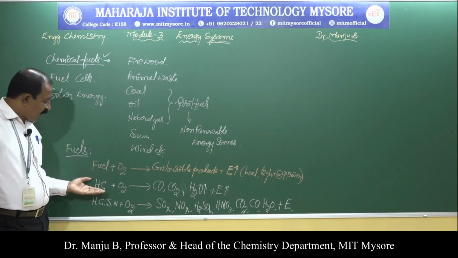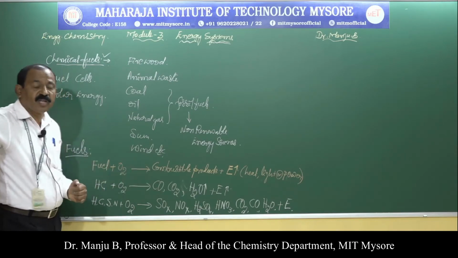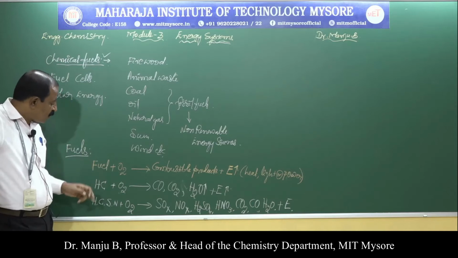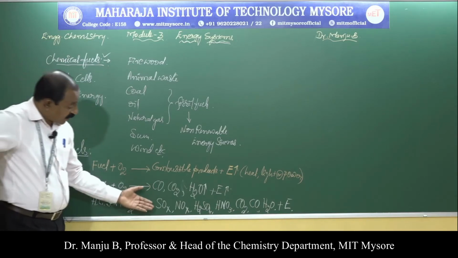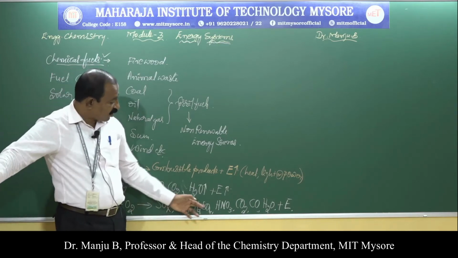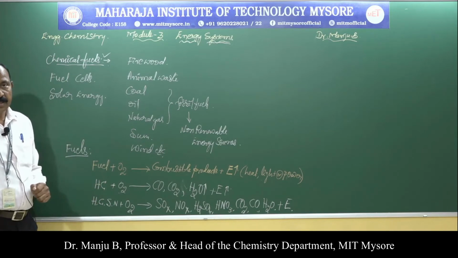If a fuel contains only hydrocarbons, well and good, we expect only two pollutants during combustion. But if it contains a very small quantity of sulfur and nitrogen, we may expect four, five, six, seven, eight pollutants during combustion.